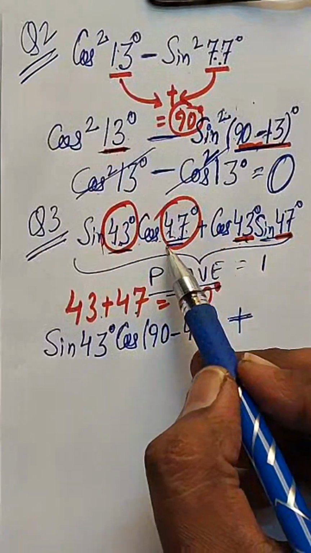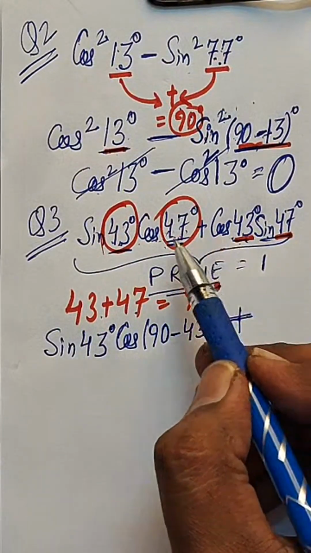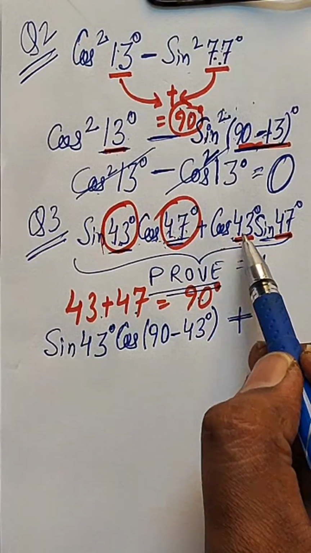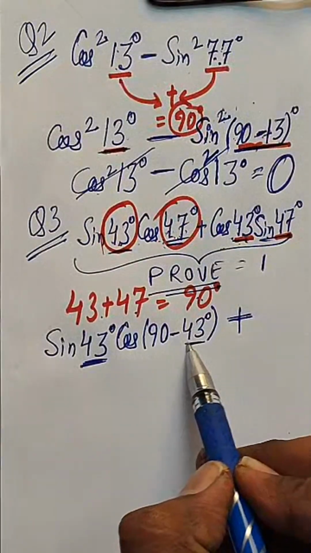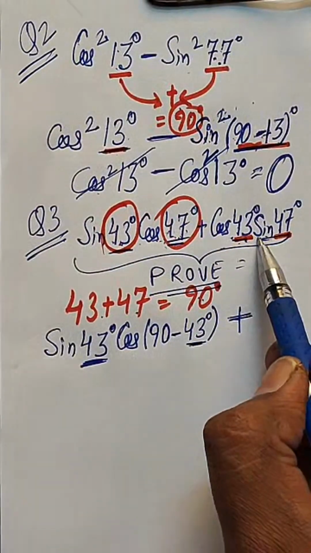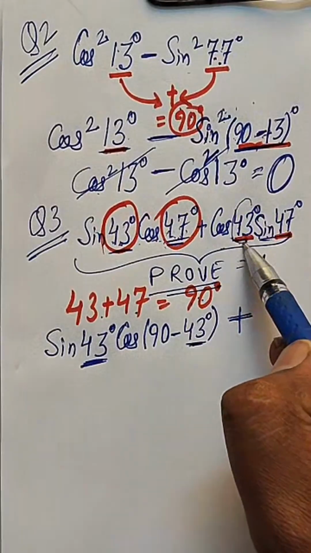So here we are going to use the identity sin square theta plus cos square theta equal to 1. If you are considering theta as 43 over here, then in the second one also you can consider theta as 43.